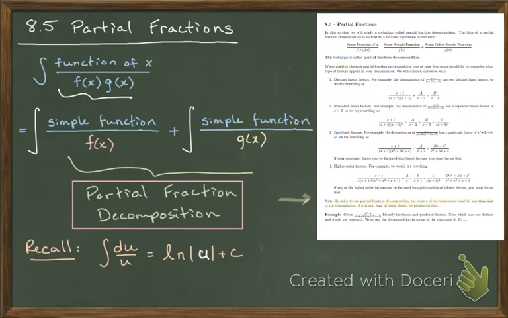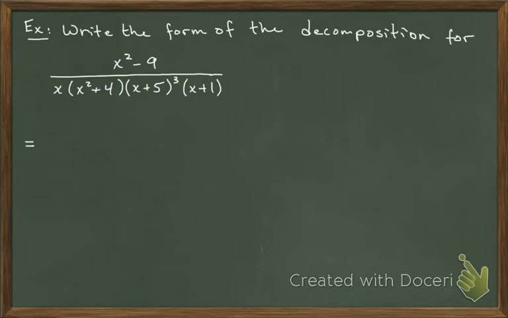So what I want to do is look at the example at the bottom of the page. I'm going to rewrite it for you. I want to write the decomposition for this big fraction, x squared minus 9, all divided by x times x squared plus 4 times x plus 5 quantity cubed, and then finally a factor of x plus 1.